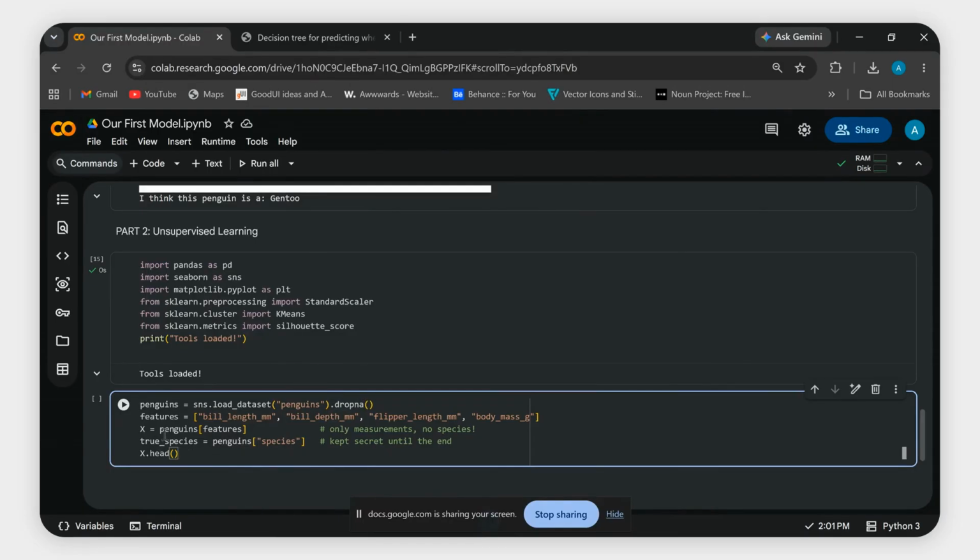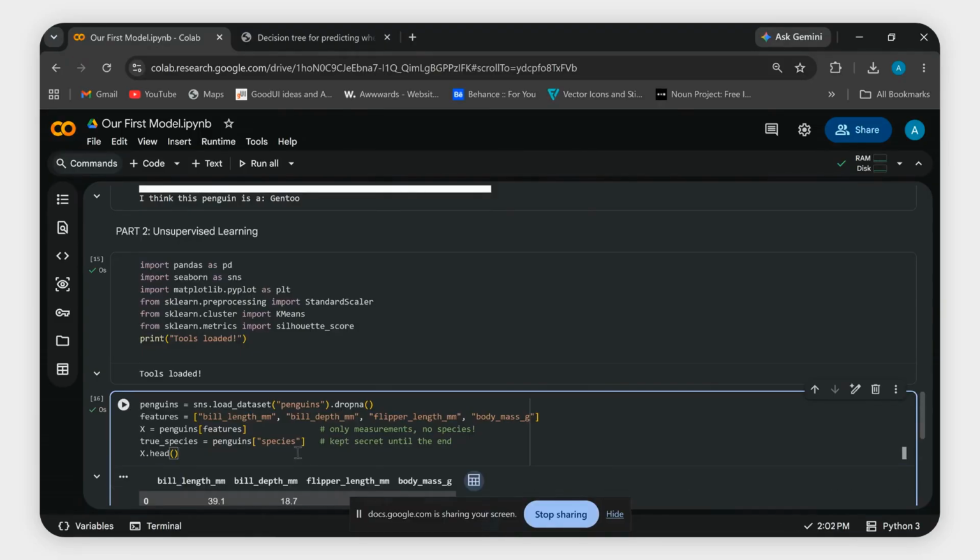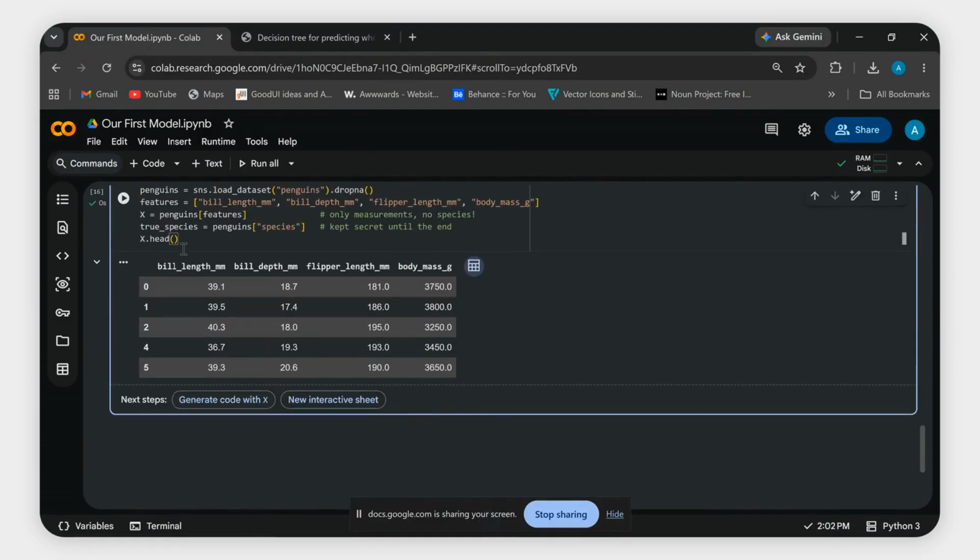And then X equals penguin features, where we are dropping the species label and keeping it a secret until the end. So we run cell two and then we see X.head. We can see that the species has been hidden. We only have the bill length, bill depth, flipper length, and body mass.